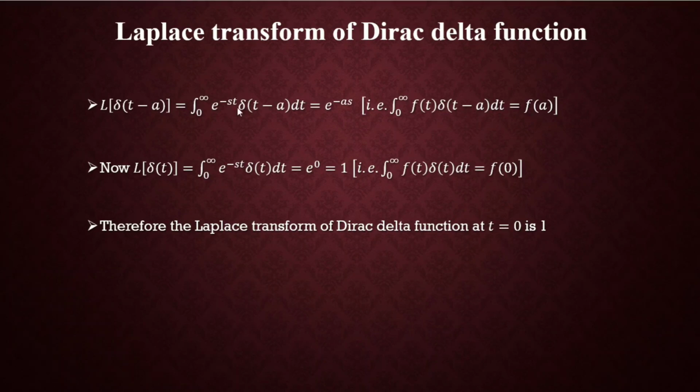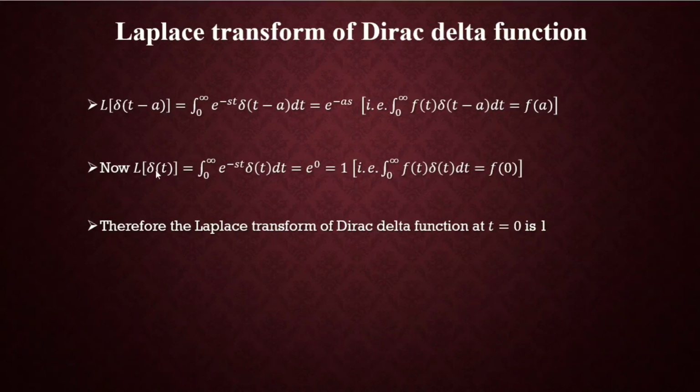Now comparing these two, we get f(t) equal to e^(-st). Therefore, f(a) will be equal to e^(-as). Therefore, the integral from 0 to infinity of e^(-st) δ(t - a) dt is equal to e^(-as). That is, the Laplace of δ(t - a) is equal to e^(-as).